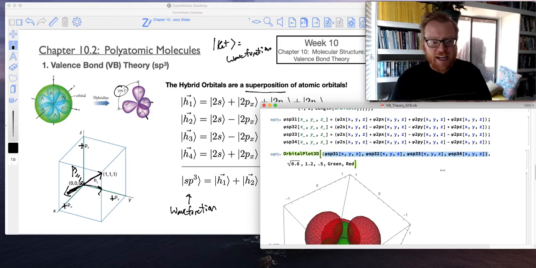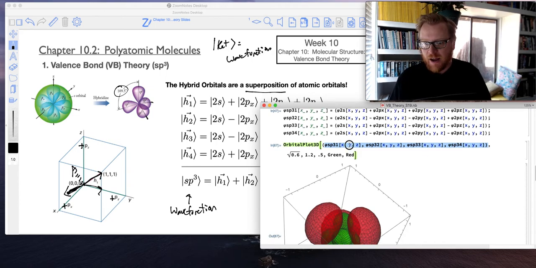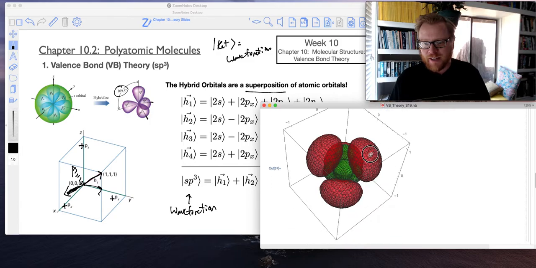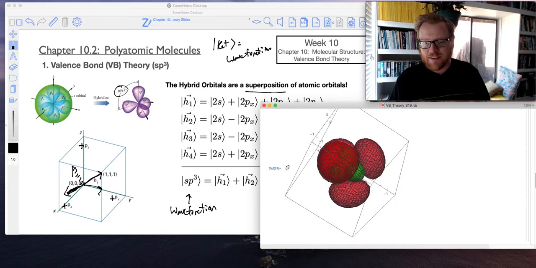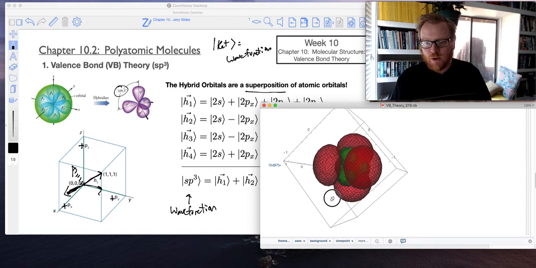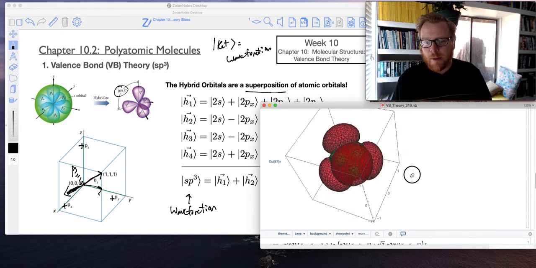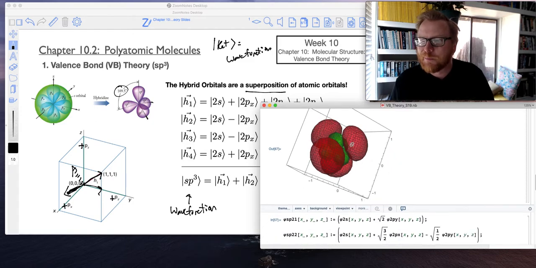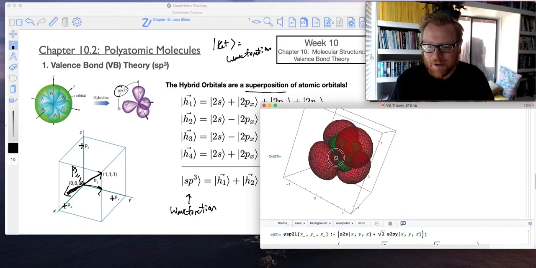I'm not adding them together, but we know that the sp3 will be a superposition of all. But for best visual representation, if you look at them all individually, then we get something like this, which is pretty cool. And I haven't measured the angle between these, but it's 109.5, okay.